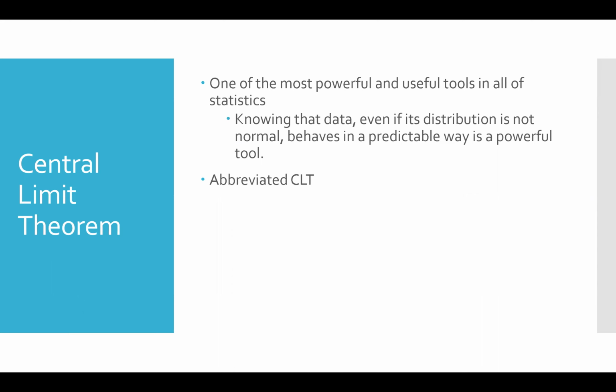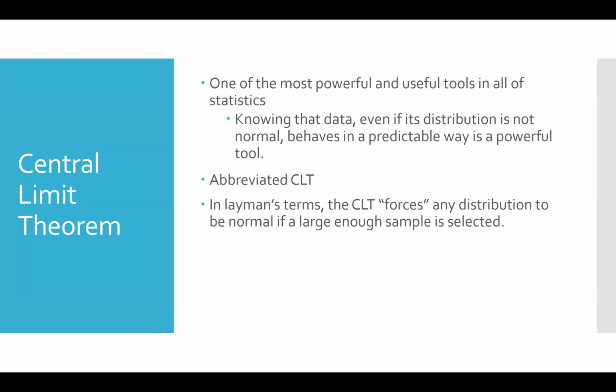In everyday layman's terms, ultimately what the central limit theorem says is that it forces any distribution, whether it's an unknown distribution, a uniform distribution, an exponential distribution, a binomial distribution, regardless of what distribution it is to start with, when applied correctly, to be normal if a large enough sample is selected.